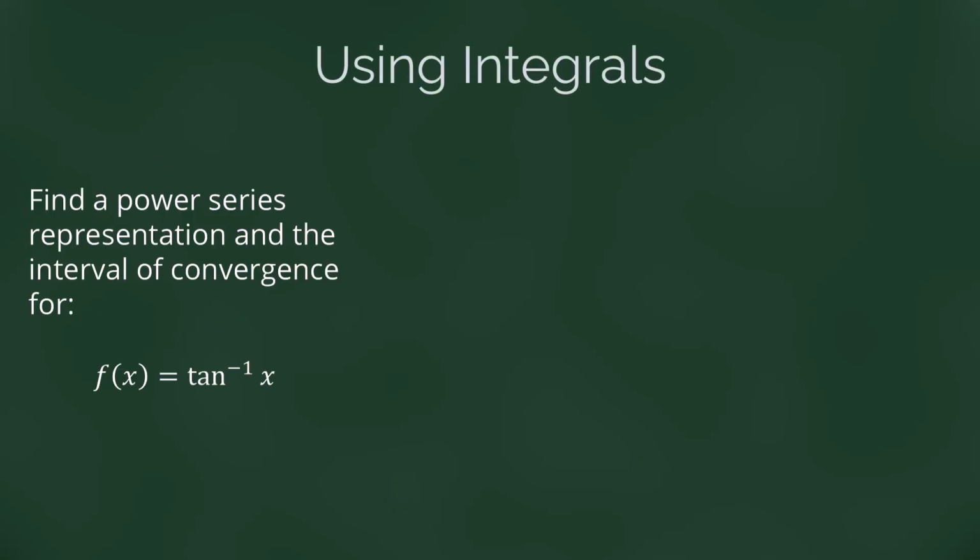All right, this next example is going to have an interesting application just like the previous one did. First of all, let's remember that we saw earlier that we could write the function f of x equals 1 over 1 plus x squared as the sum of -1 to the k times x to the 2k.